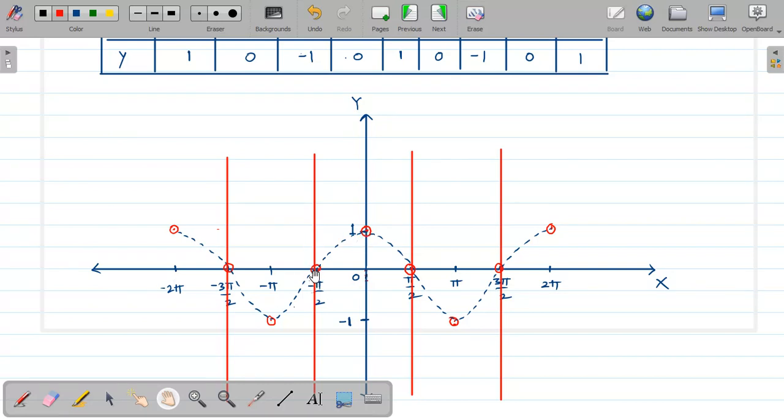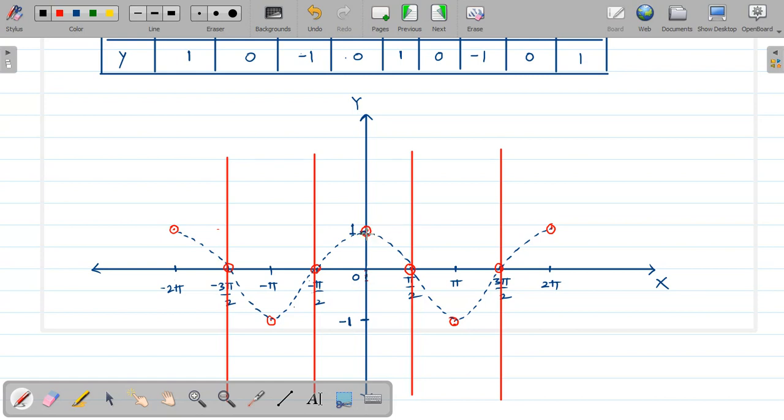Means for the interval minus pi by 2 to pi by 2, we know the value of sec function at the point 0, that is sec 0 is 1, because cos 0 is also 1. Now to draw the graph of sec function, we will show here for cos pi by 2, as cos pi by 2 is 0, sec pi by 2 is infinity. So how will you draw the graph?